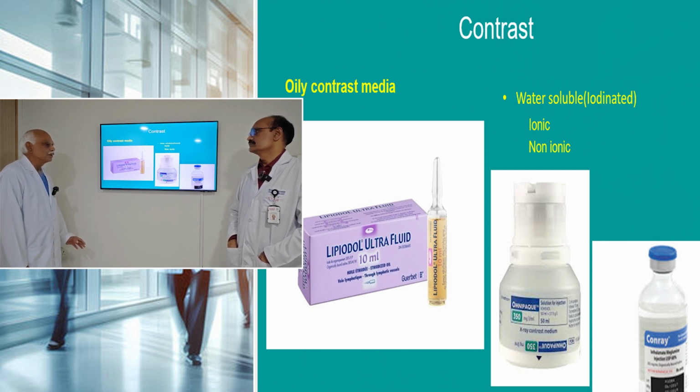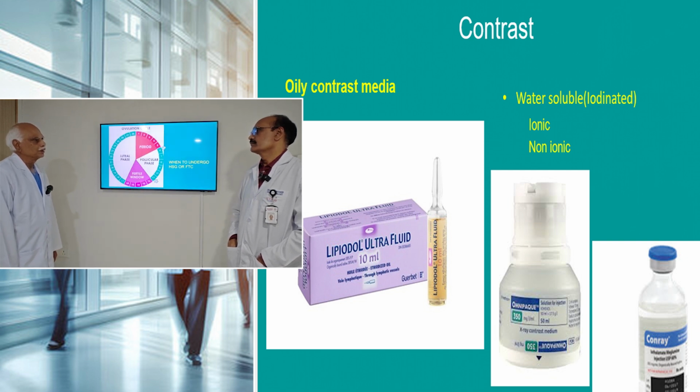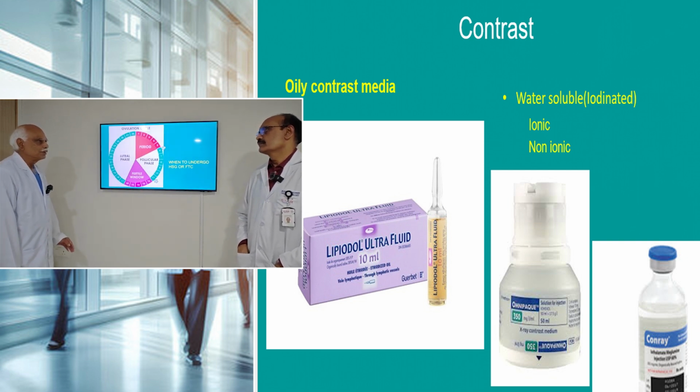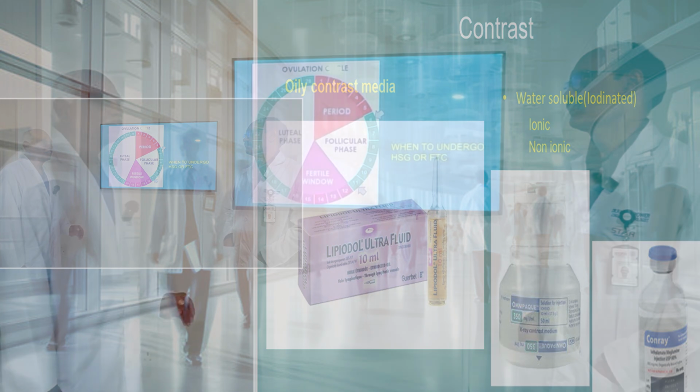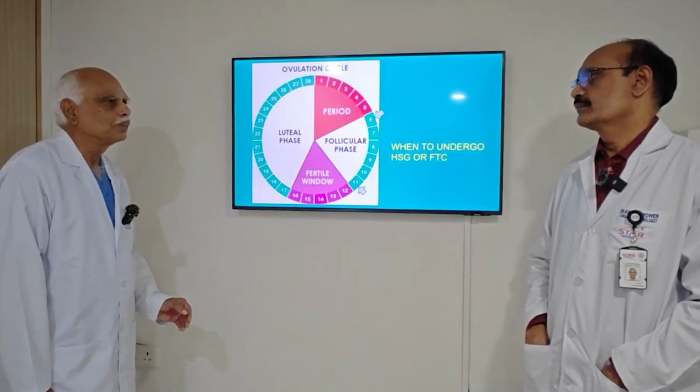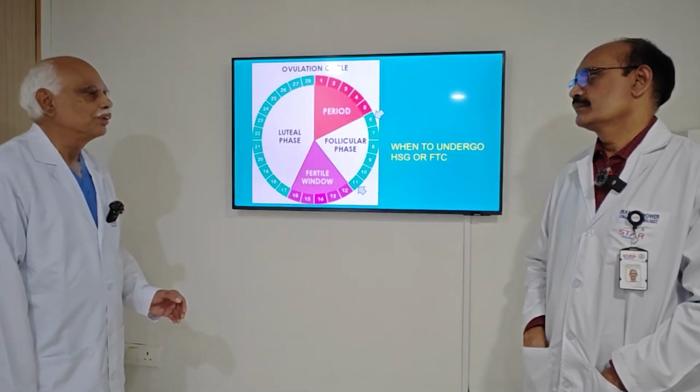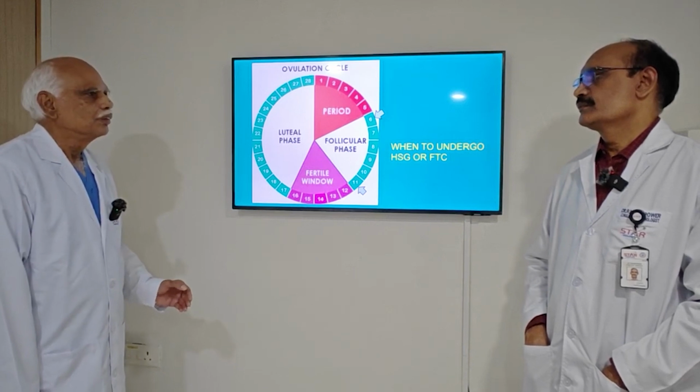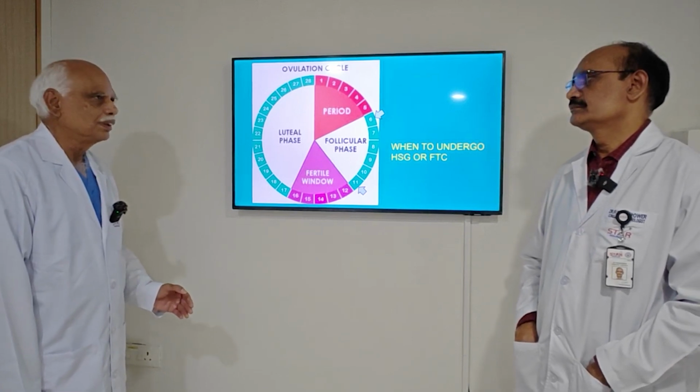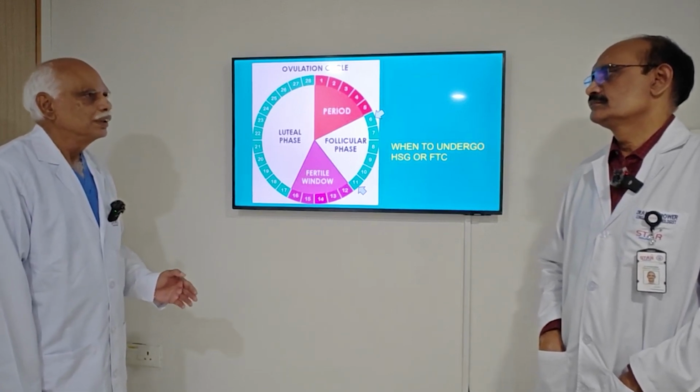If you do HSG with it, the contrast itself costs around 22,000, so the procedure becomes very expensive. We rarely do it with this contrast. We always use a water-soluble contrast medium, which is cheaper.